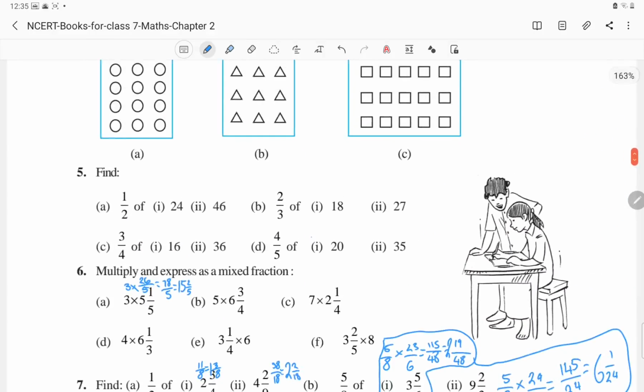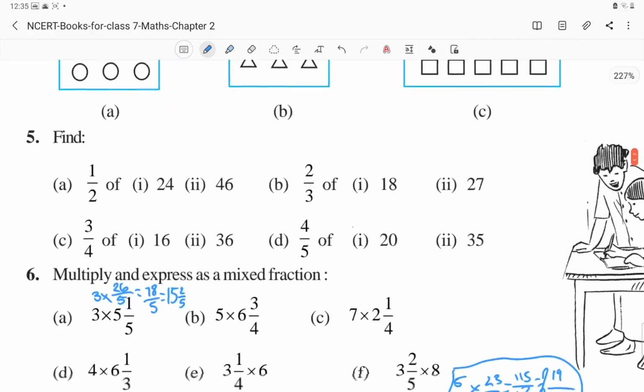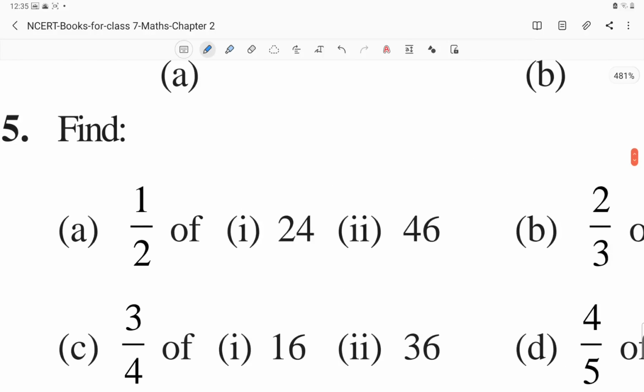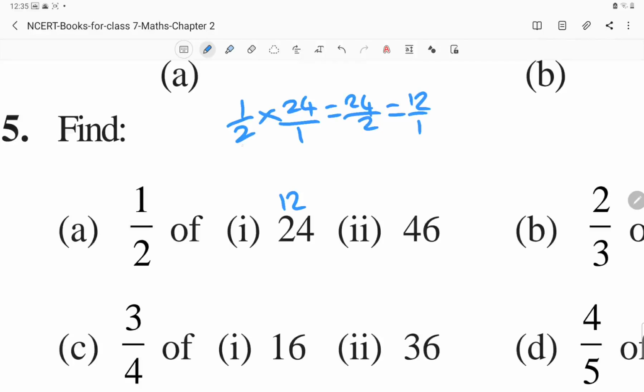Like that. So we can do, I think, one of these or two of these, it depends. So half of 24. So just write this down. Half of, which equals, convert to times, 24 by 1. So 24 by 2, which equals 12 by 1, which equals 12.